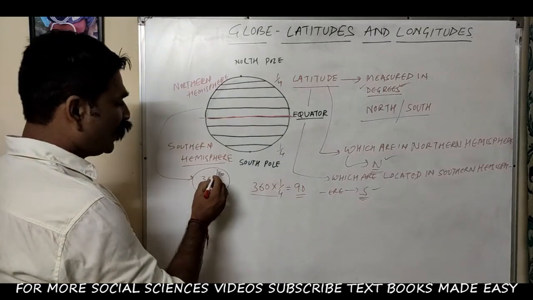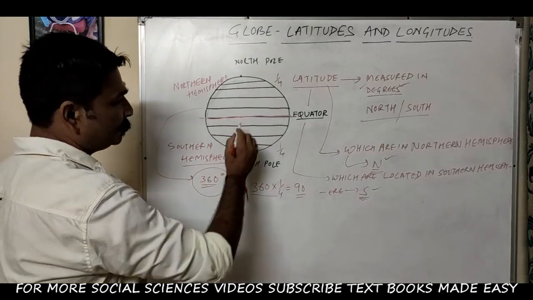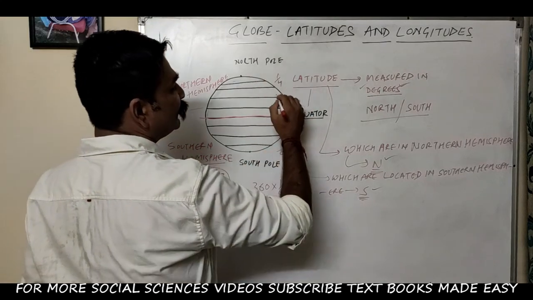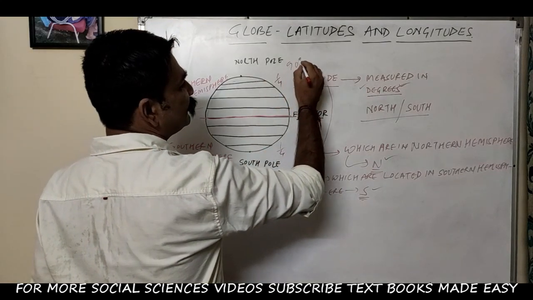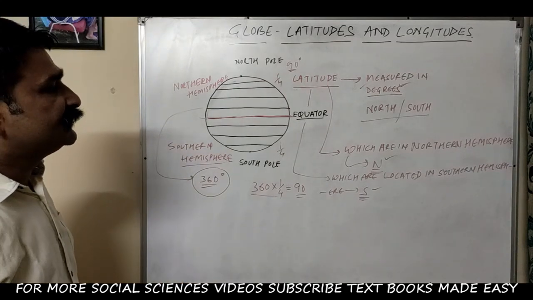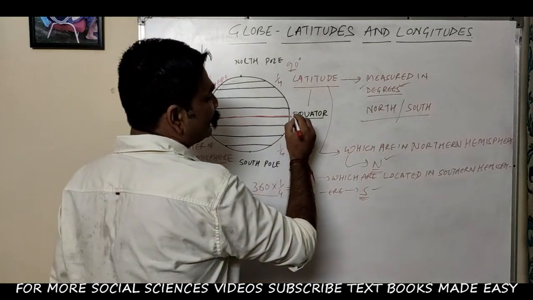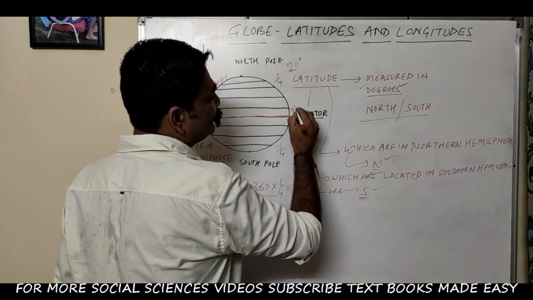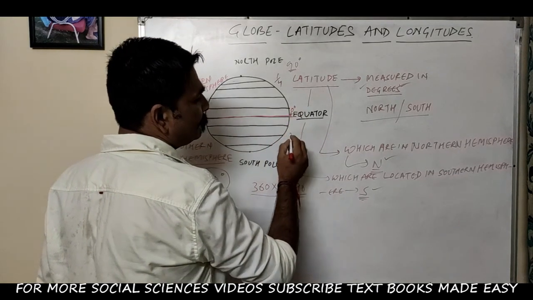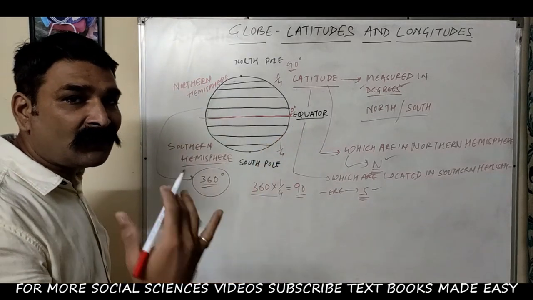So how many degrees will be there in this portion? It would be total 90 degrees. Fine. Okay, and now we denote the equator as 0 degree. Okay, so this is the starting point of our counting.